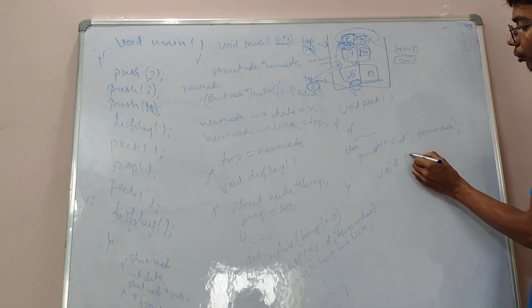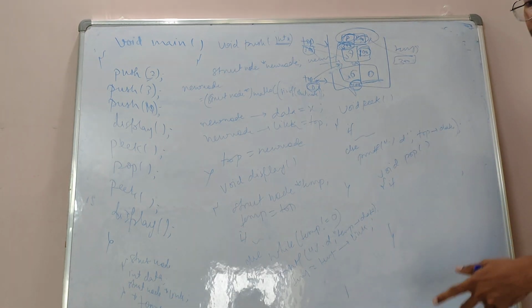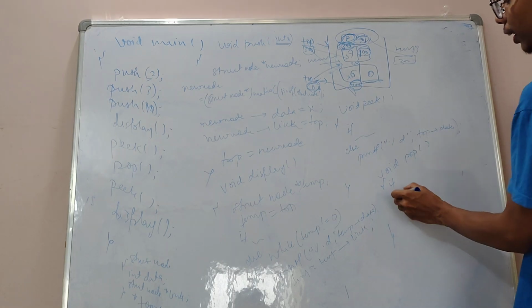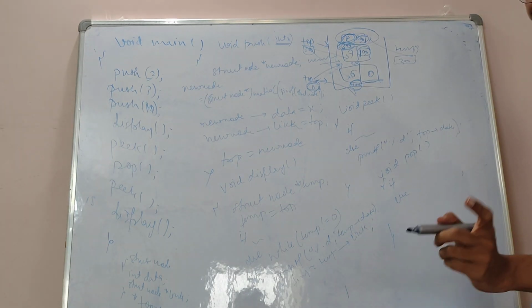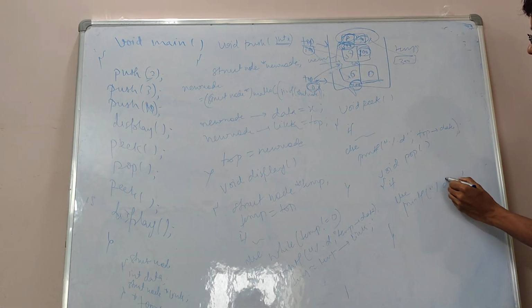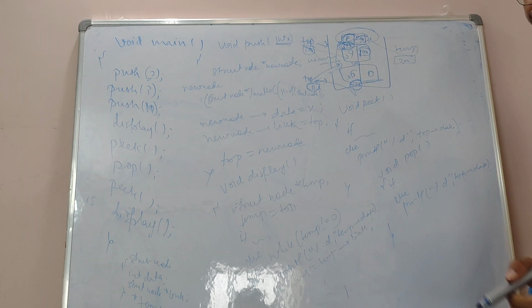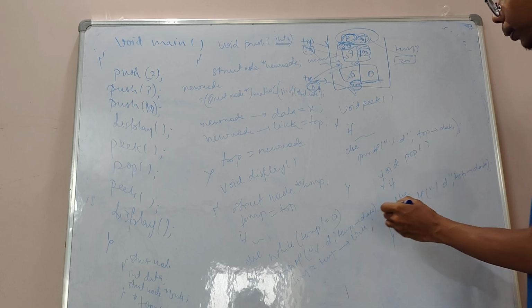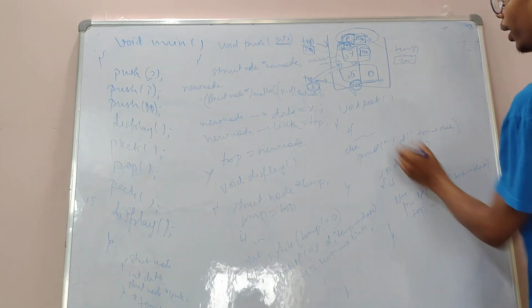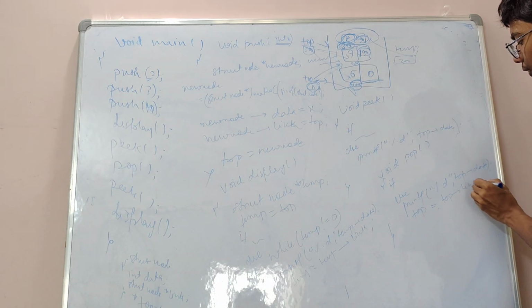So this is a function void pop where I want to delete. So again, if top is equal to 0, list is empty, else I will print the data I will delete. So again, printf % top data, so it will print 8, and then top will point here now. So top is equal to top link.